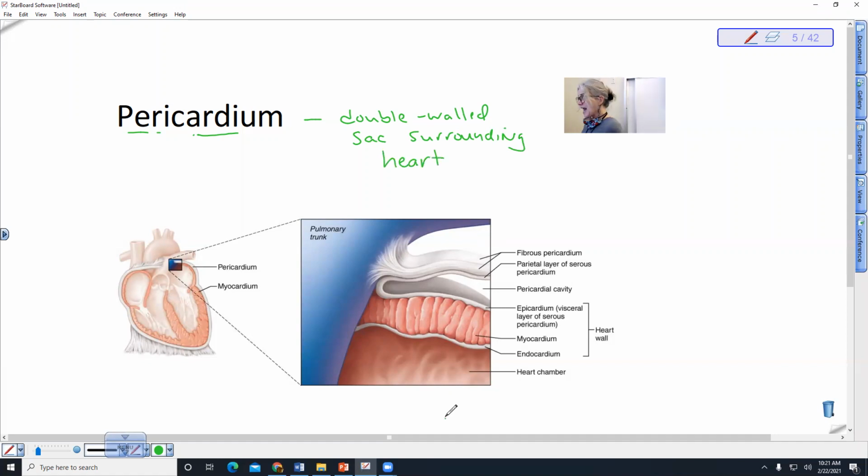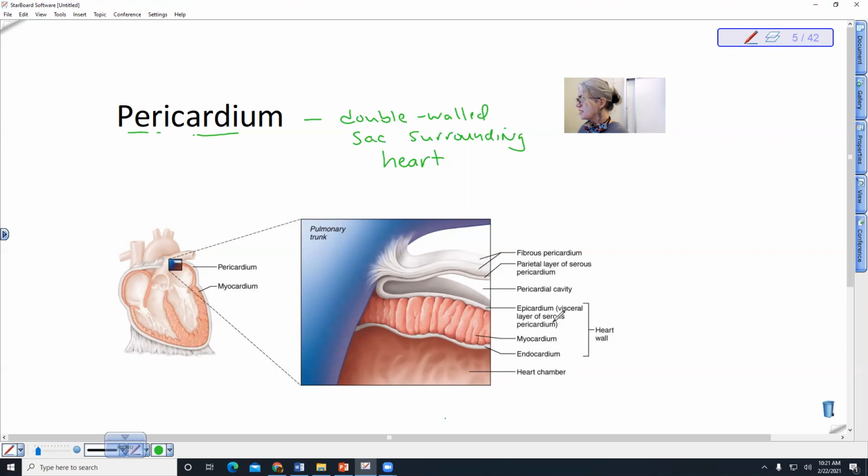Now, when we look at this sac, let's look at the innermost layers here. So we have a layer that is attached to the organ. It's actually attached to the heart surface. And when we talk about these serous membranes, the layer that is actually attached to the surface of the organ is actually called the visceral. So visceral actually means like an organ, like it's your viscera, right?